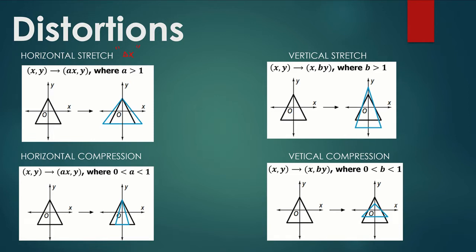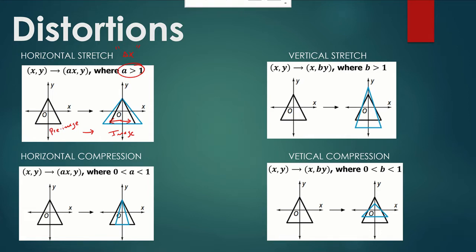Here's our pre-image, and here's our image. If you notice, our x values got wider, so they went further away from each other, and that happens whenever the scale factor you're multiplying the x by is greater than 1.